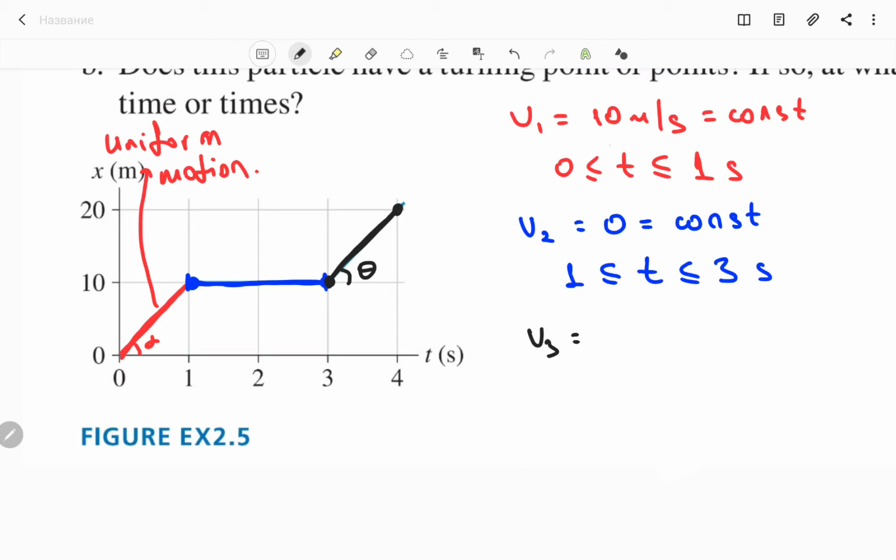After 1 second, at time 4, position becomes 20. So it moved 10 meters in 1 second. Again, velocity will be 10 meters per second, and this velocity is also constant during the last 1 second, between 3 seconds and 4 seconds.